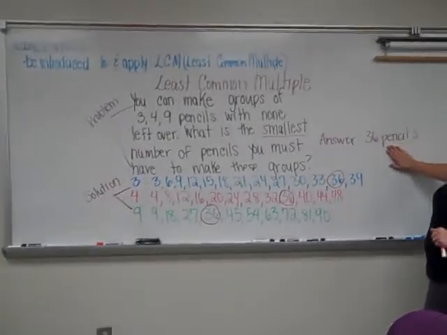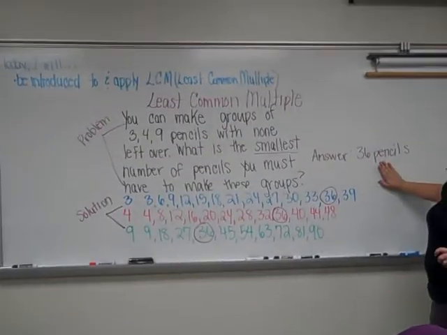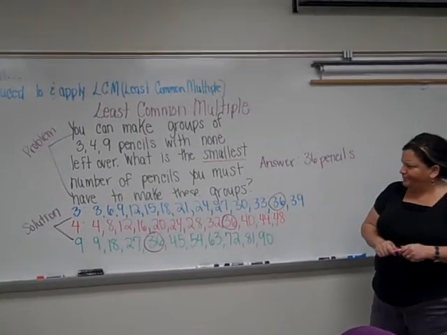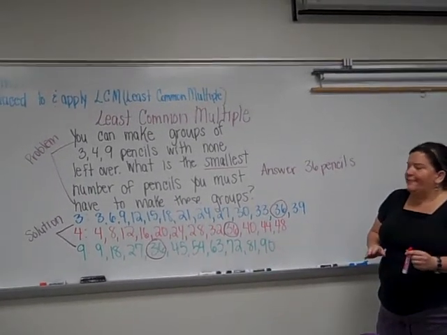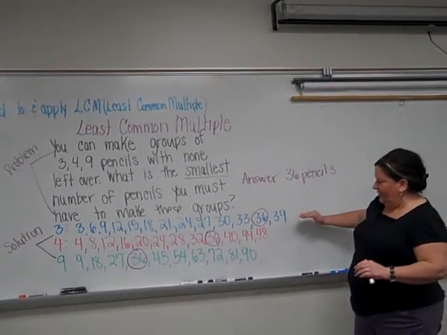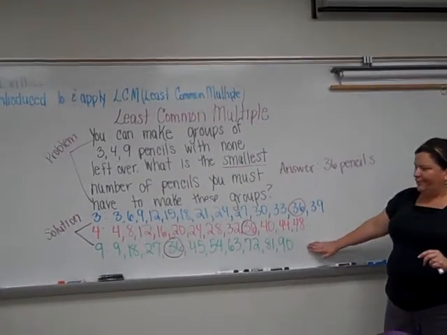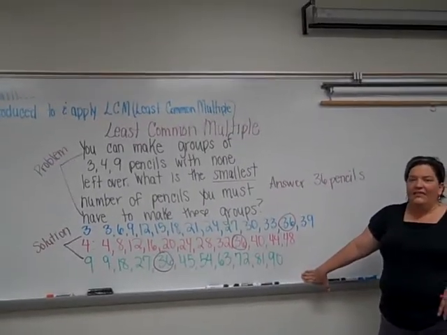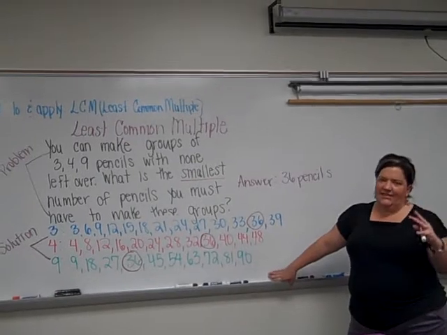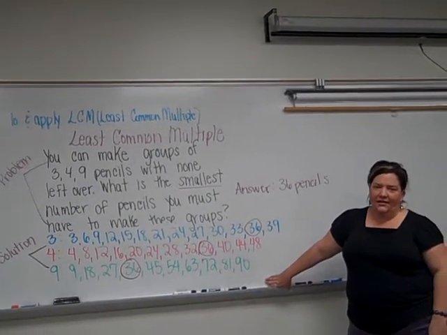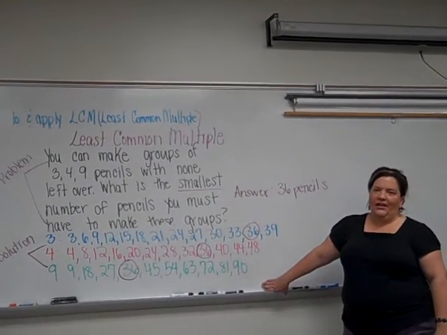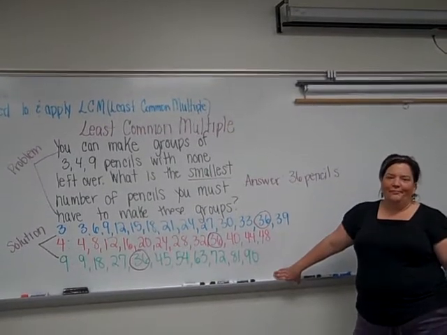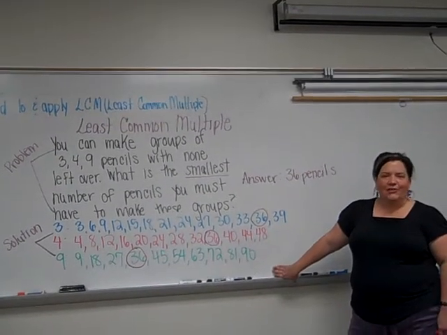So our answer is 36 pencils. So the first step to solve would be list the multiples of 3, 4, and 9, and then look for that set to find the least value that's common among all 3 numbers. Let's try some more examples together.